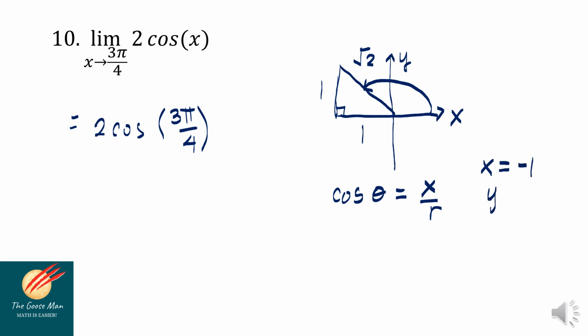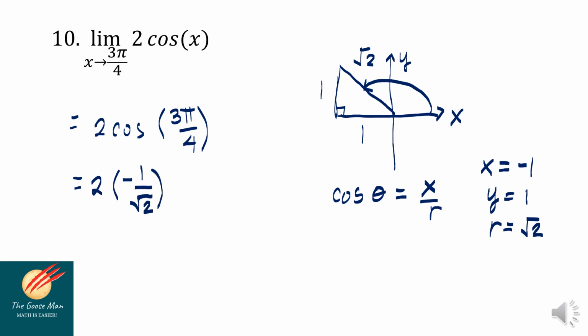So y is equal to 1 also, and r is equal to square root of 2. So we can substitute now. Cosine is x over r, so we have 2 times cosine 3 pi over 4 is equal to x over r, but our x is negative 1 all over square root of 2.